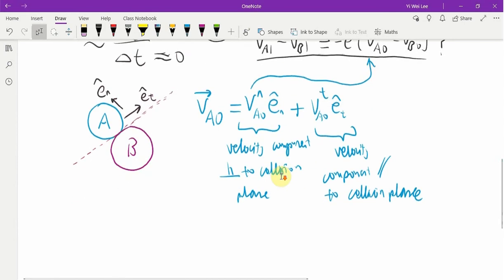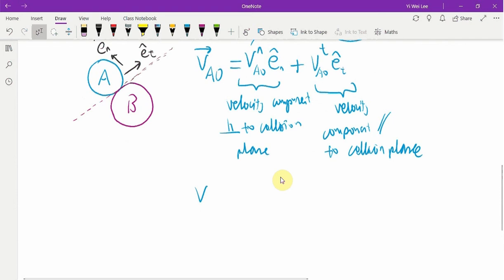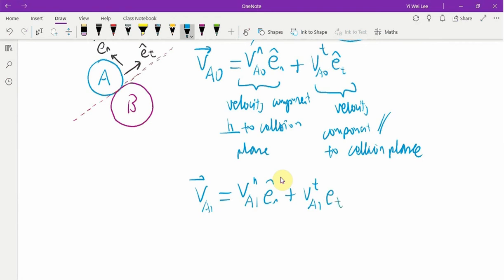Alright, and subsequently, the velocity component after collision, which is denoted as VA1, the velocity of particle A after collision, must also be broken down into the normal direction to the collision plane plus the parallel direction along the collision plane.